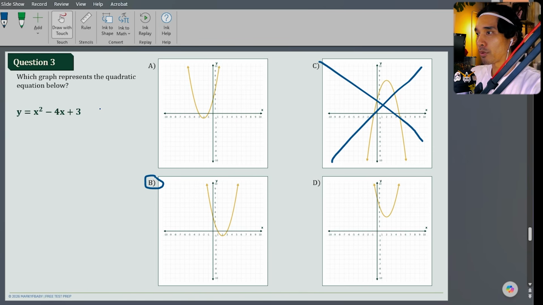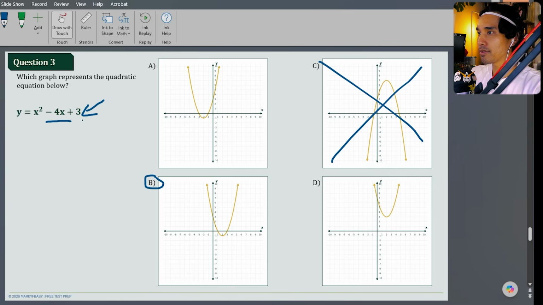Remember that thing where I taught you how to factor, which is what two numbers multiplied together equal 3, and those same two values combined together equal b. Remember that? Well, we could use that here to find the x-intercepts.